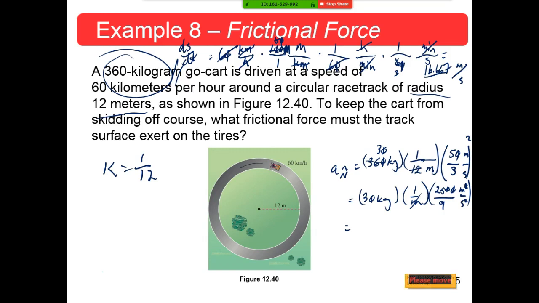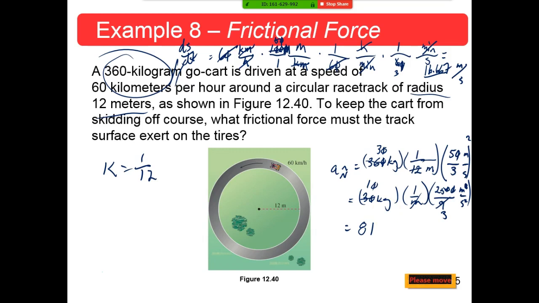Newton, exactly. Let's see if we can get our numbers to do a little better. 3 will go into this 10 times. 3 will go into that 3 times. So we have 250,000 divided by 3, which is something like 81.11111.